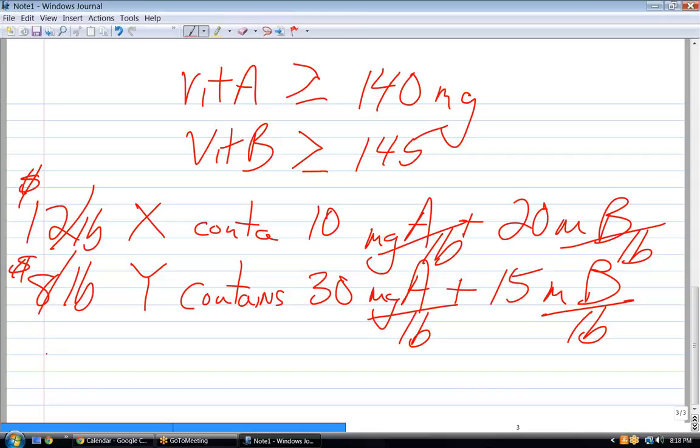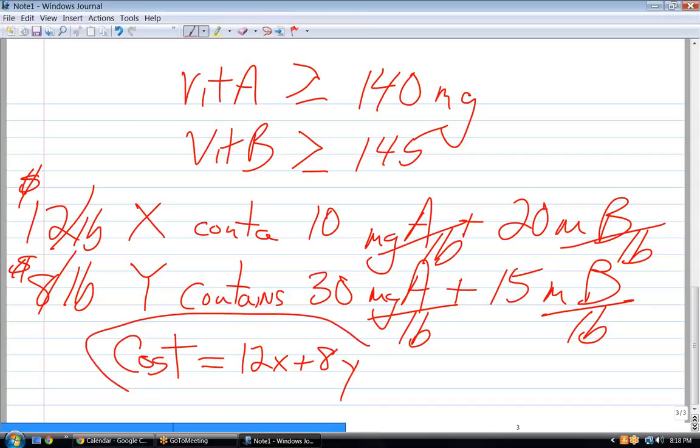Okay, so it sounds like we have an objective function now. The cost. We're going to minimize the cost. What's the cost going to be? It would be $12 times X plus 8 times Y. So there's our objective function.